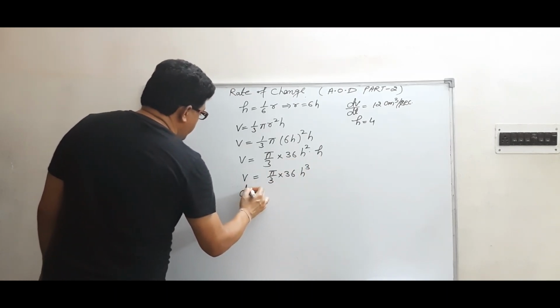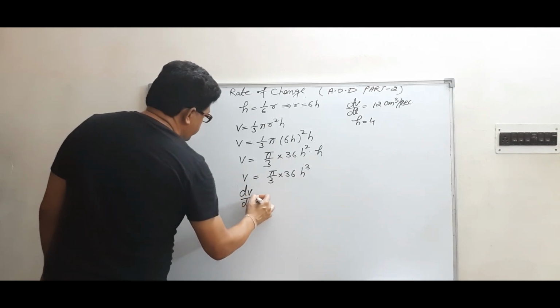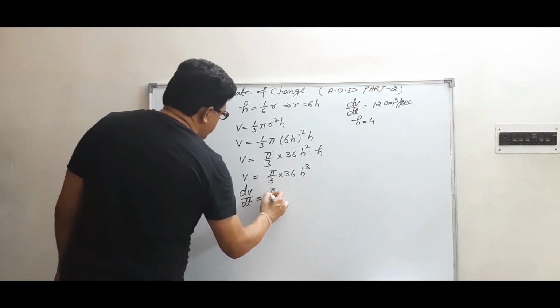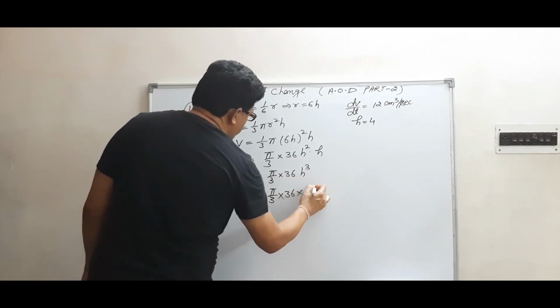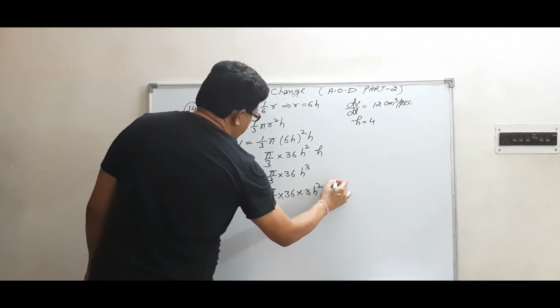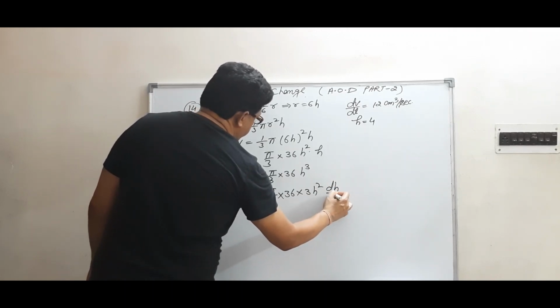Now dV upon dt is pi by 3 into 36 into 3h square dh by dt.